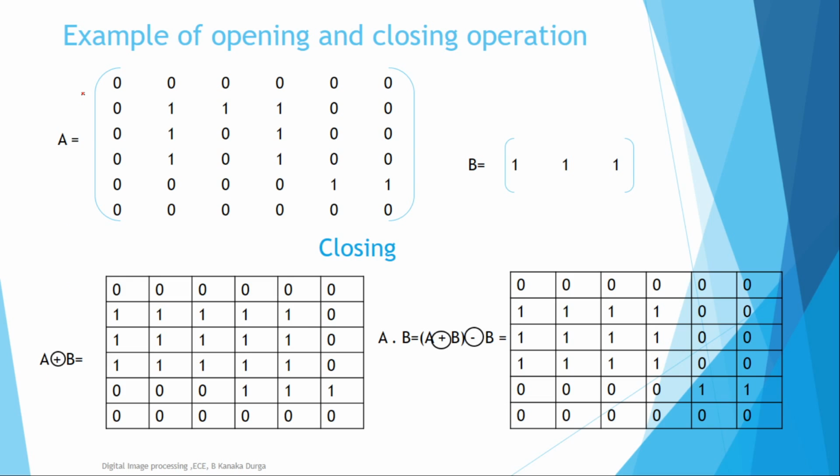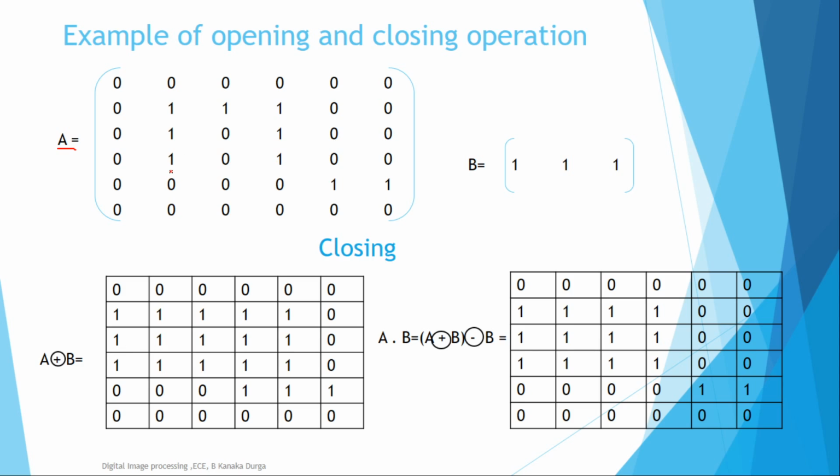So observe in this matrix A, the fully filled cells are ones, nothing but those are the objects, and the non-filled cells are the background of the image. Since it is a grayscale image, we are considering only ones and zeros.